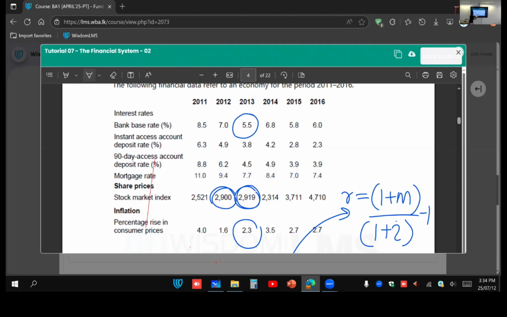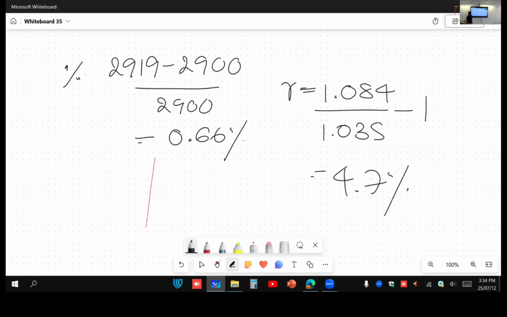Although the share index seems an increase, in real terms, share prices have fallen. So you may show the calculation like this, 0.66, and write down this. First, star mark: the share price index represents change in the money value.